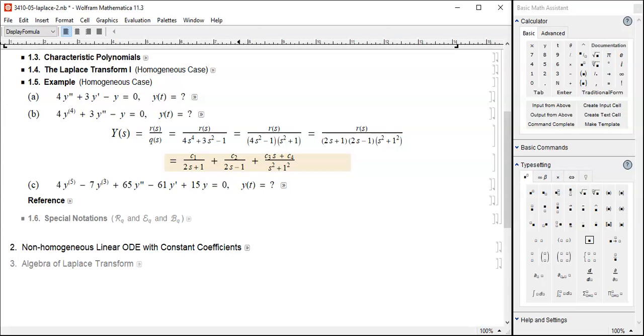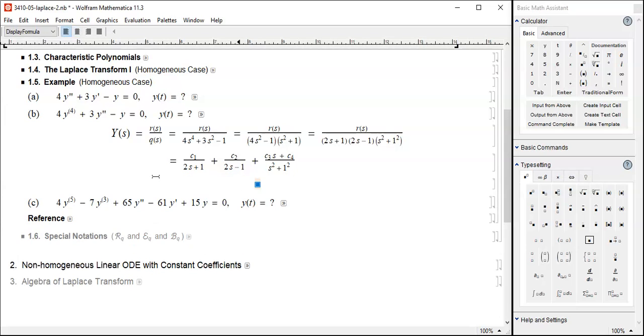All good? Okay, all right. And then let's go ahead and find out the Laplace inversion.